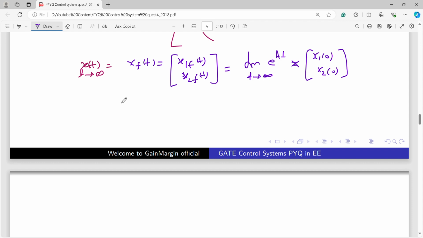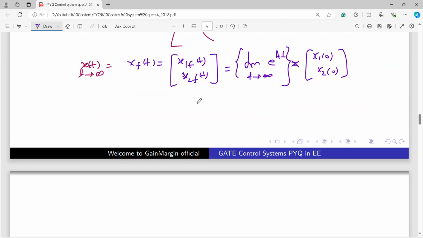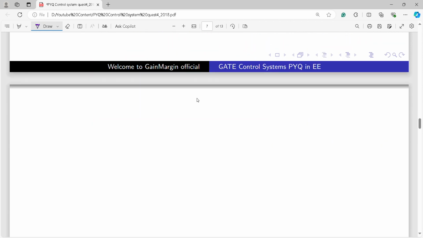Okay, so our state transformation will depend upon the t function, so we need to apply it here only. Okay, so what is the exponential term? It goes to 0 once t tends to infinity. Okay, so finally we get x1f(t).